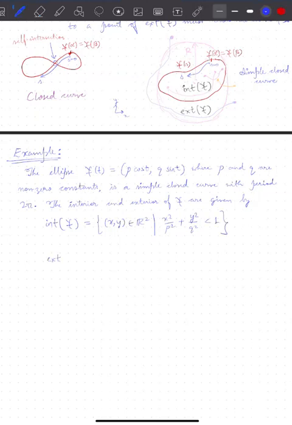And the exterior of gamma vector is equal to all (x, y) in R2 such that x squared by p squared plus y squared by q squared is greater than 1.